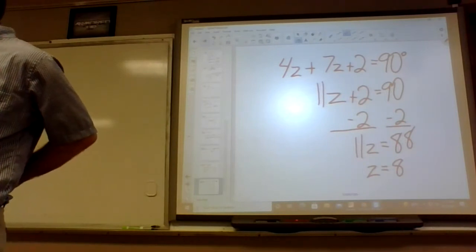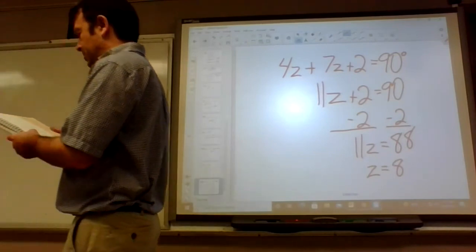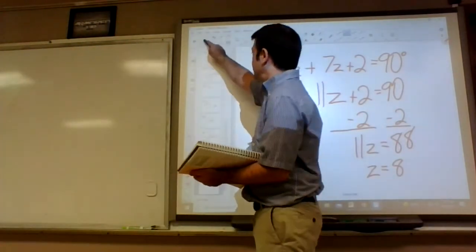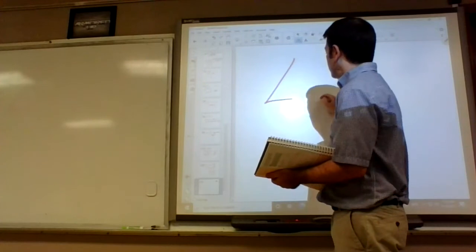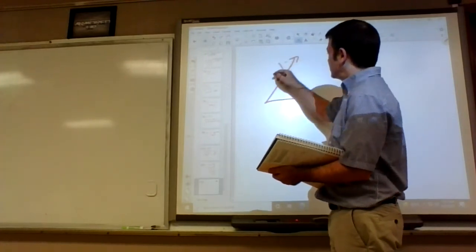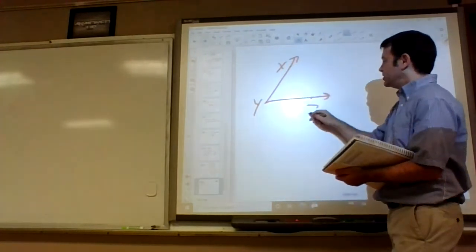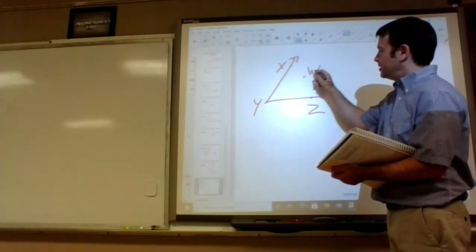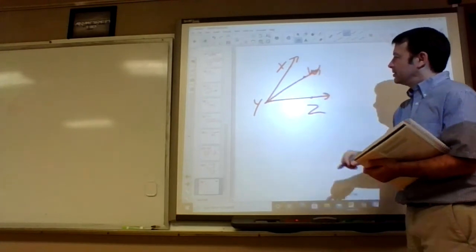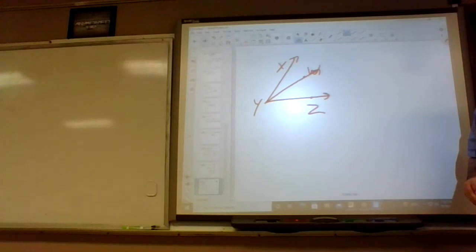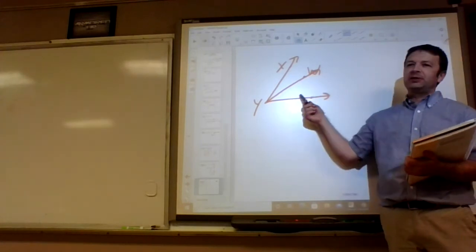27. If W is a point in the interior of angle XYZ, let me draw a picture for that. So here's angle XYZ. W is in the interior. Let me draw a line through there. It says angle addition postulate. What does the angle addition postulate say about this?